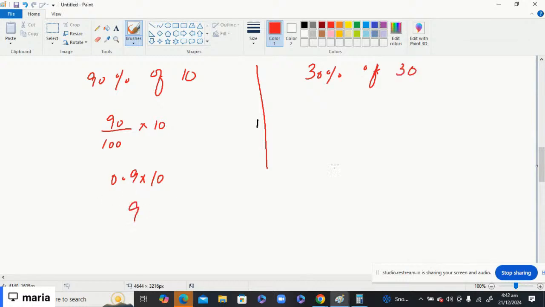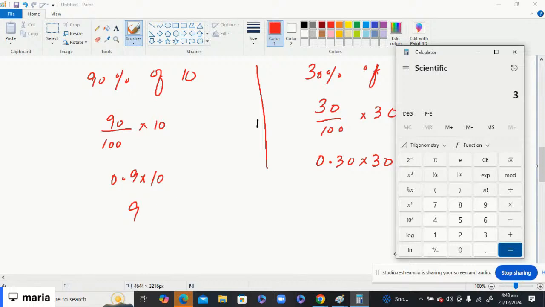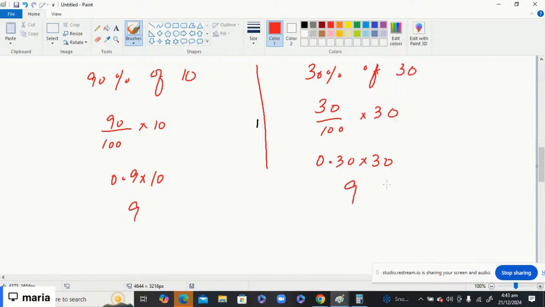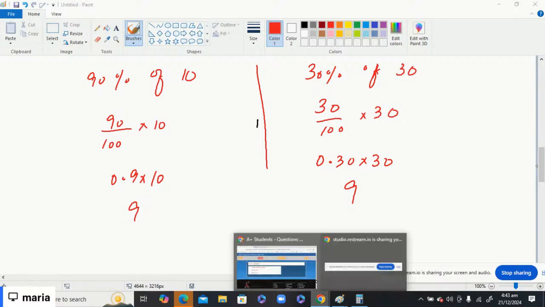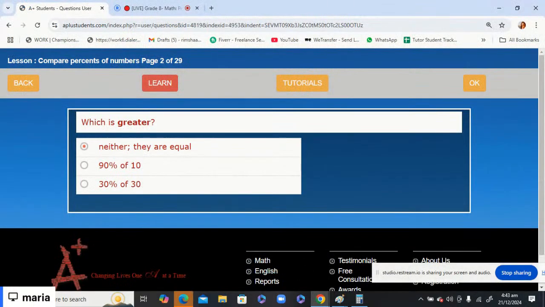Here the answer is 9. Now 30 over 100. This is also 9. Okay, so here they are equal again.